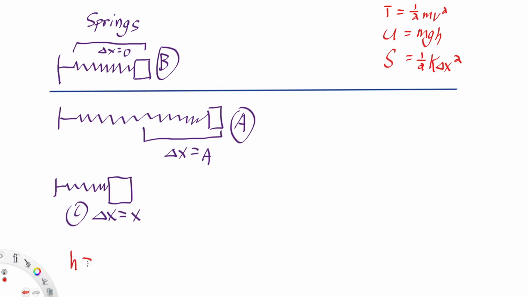All right. So at A, we have just spring potential energy, and we have no kinetic energy. So just spring. What about at B? What kind of energy do we have at B?